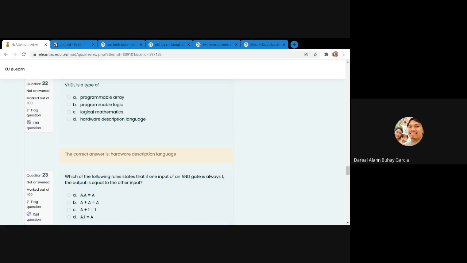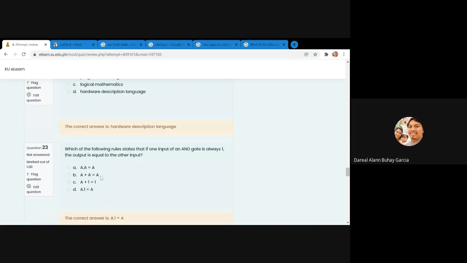C? Either A or D. D, no? So, A and 1 is A.